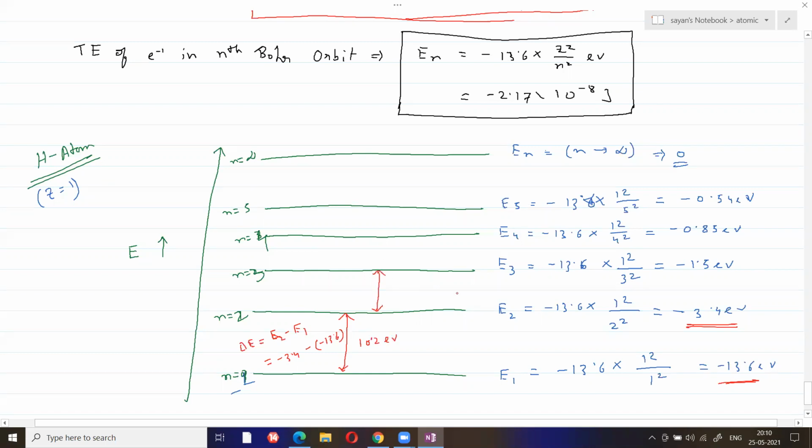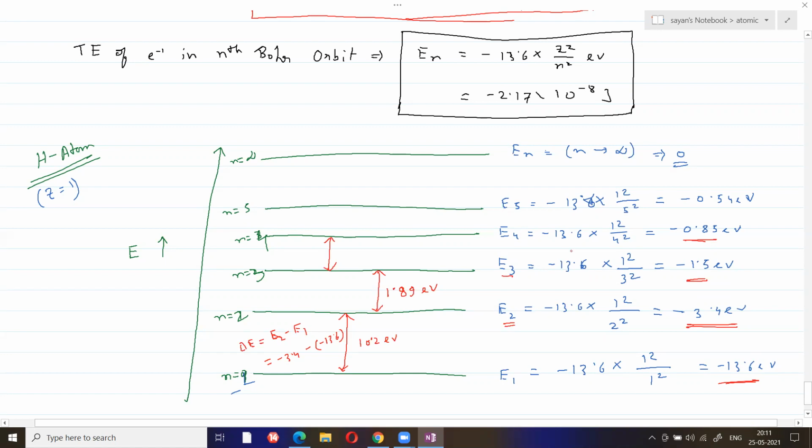Again, you can find out the energy gap between E3 and E2, 1.89 electron volt. This one, what is the value? Just calculate. This one is 0.85, this is 1.5.